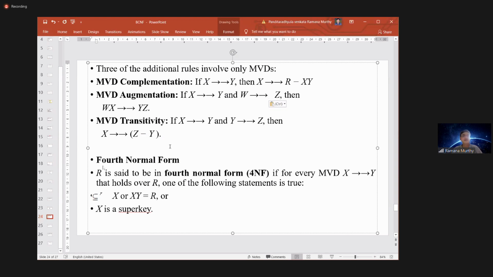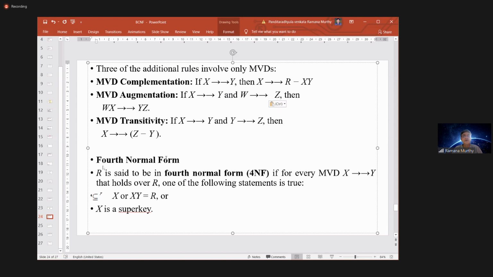Multi-value transitivity, the thing is X, Y, Z. If you know the X value, X derives Y by t1 and t2, if you are having XY values the same, what I told you, the Z value in t1 and t3 or t2 and t3 will be the same. That I demonstrated with the help of that Z value.